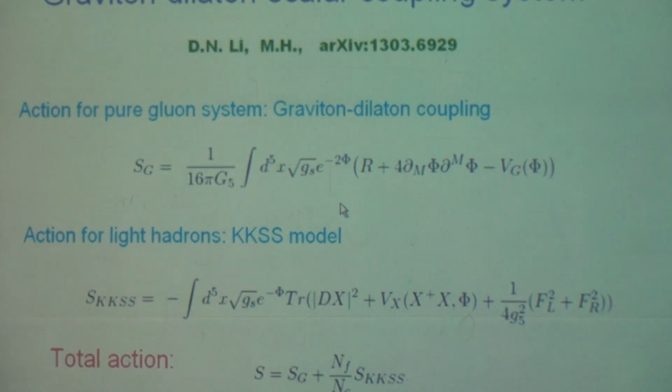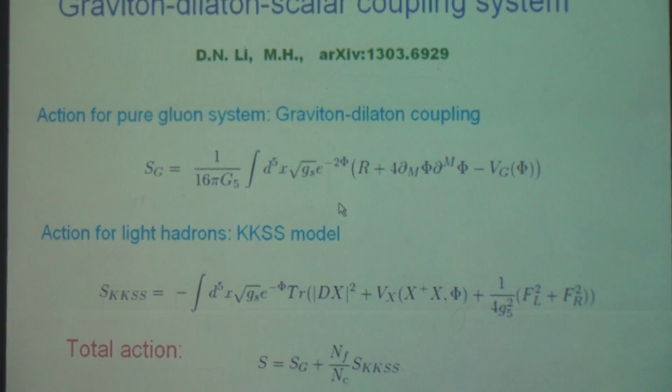a gluon system. This is a pure gluon system. The dilaton field takes this quadratic term, and then the dilaton potential and this metric are solved self-consistently. This is basically our background from the pure gluon system.